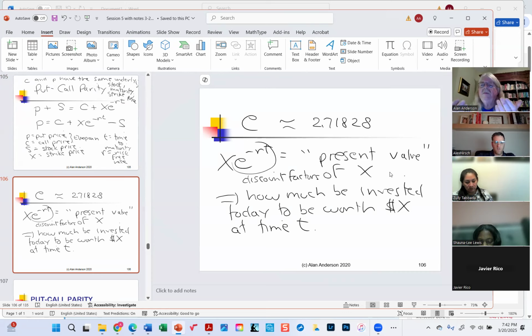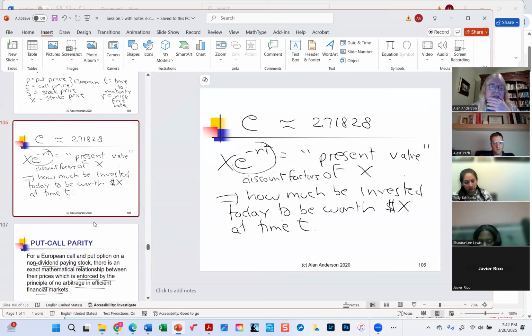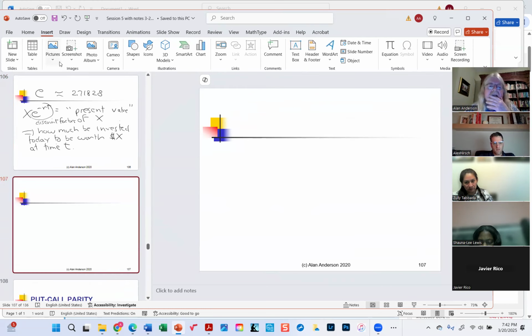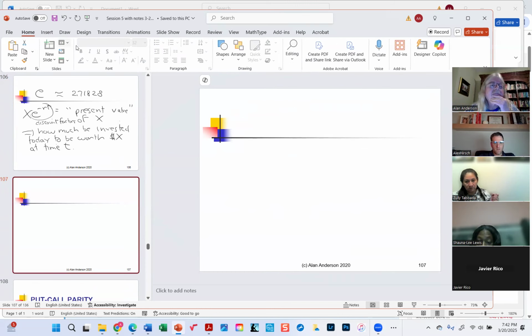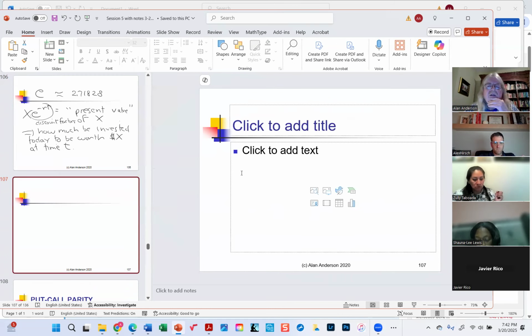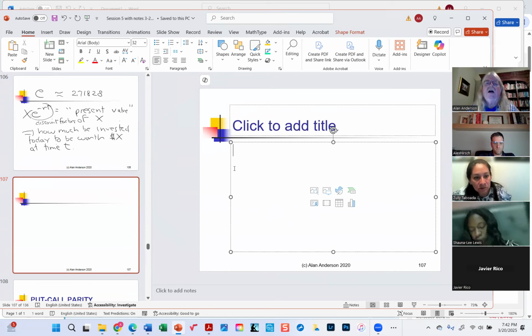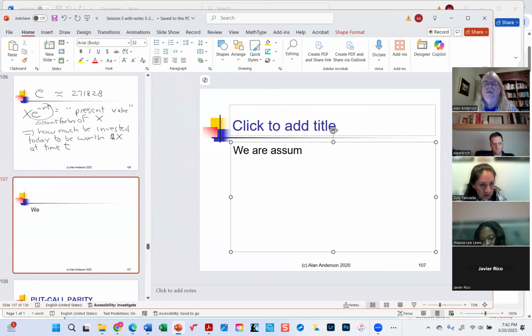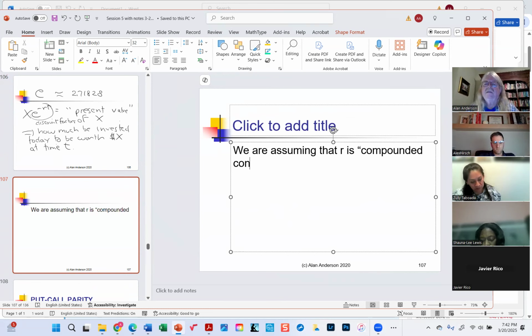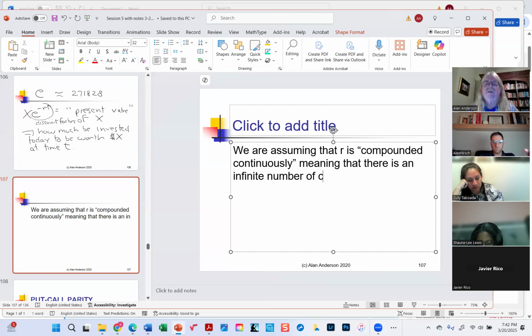All right. So in other words, can you map out a mathematical example for that? Yes, let's do this. Let's say that it's got nothing to do with options. Oh, by the way, I do want to mention one thing here. We are assuming that R is compounded continuously, meaning that there is an infinite number of compounding periods per year.